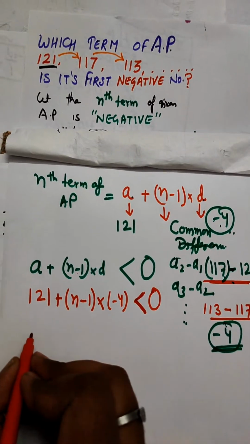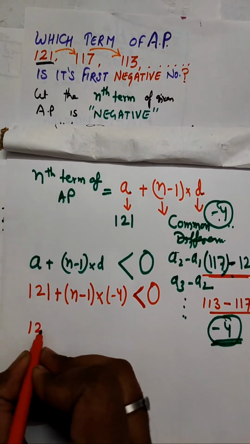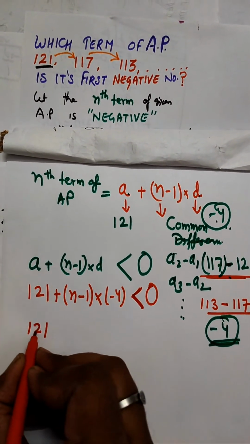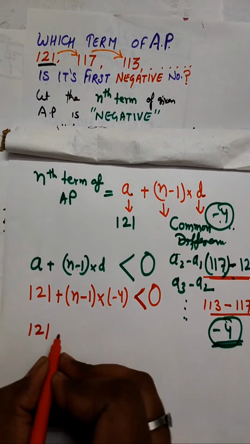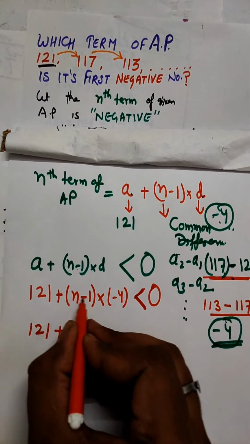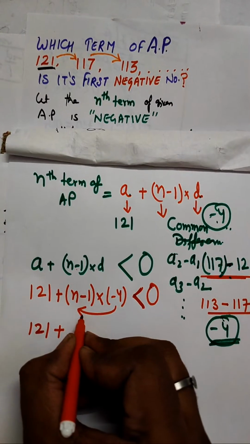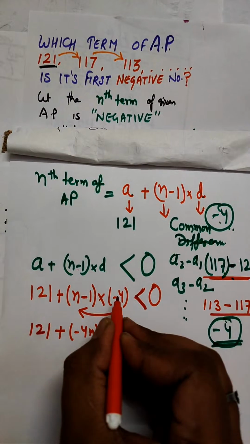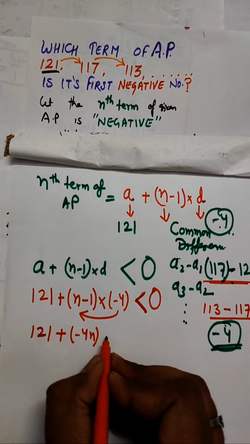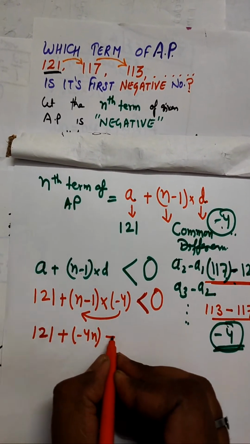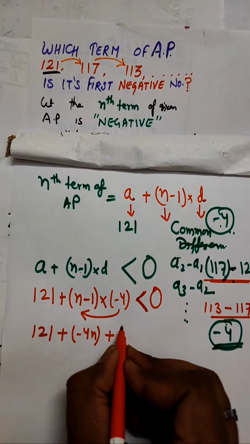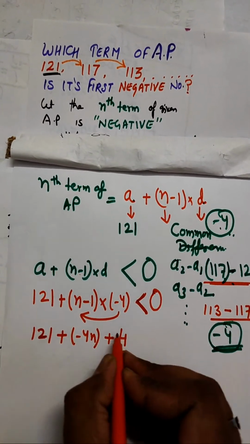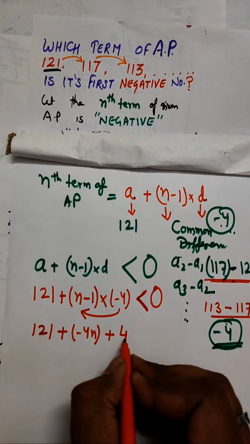Now just solve it. In the LHS of the inequality, we have 121 plus n into minus 4. This is equal to minus 4n, and minus 1 into minus 4 will be minus minus plus, and 1 into 4 equal to 4. So this will be plus 4.